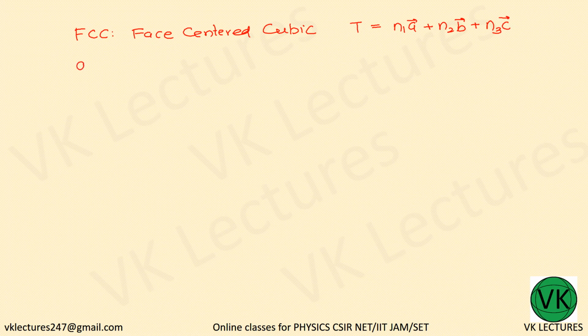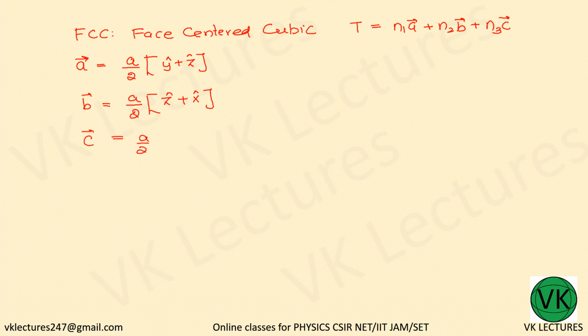A, b and c are lattice parameters given by a is equal to lattice constant a by 2 into y cap plus z cap. Lattice constant b is equal to a by 2 into z cap plus x cap. Lattice constant c is equal to a by 2 times x cap plus y cap.